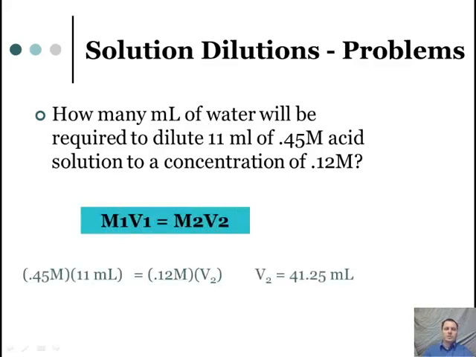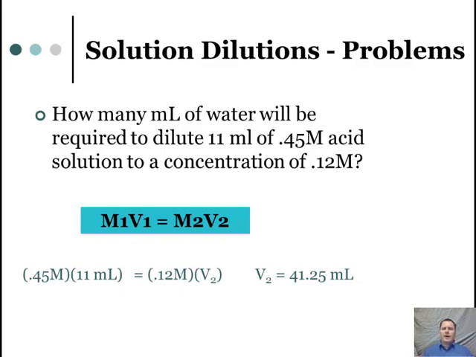So we're going to use this equation, so we have 0.5 times 11 equals 0.12 times V2. How do we get V2 by itself? Well, divide each side by 0.12, and when we do that, we get 41.25 milliliters.